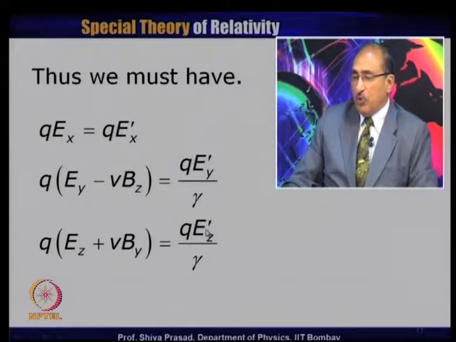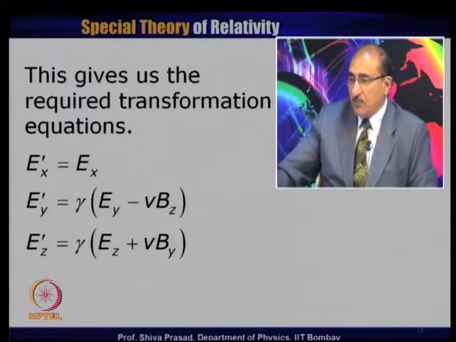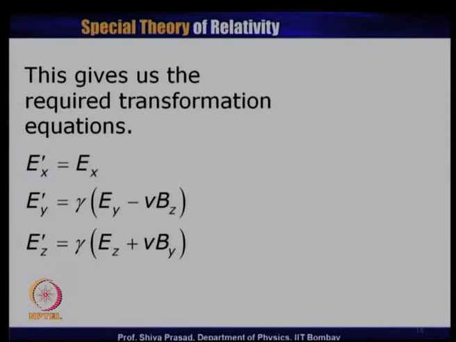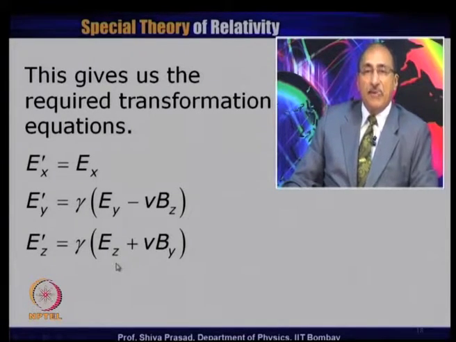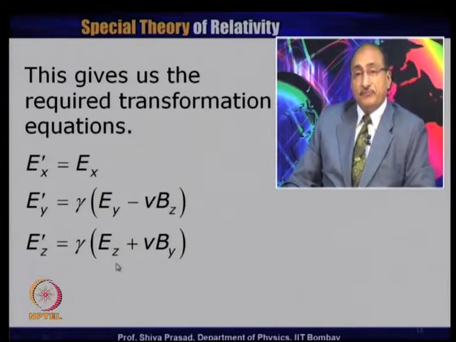Similarly, in this equation, Q will cancel, I can take the gamma to this side, so Ez prime will be equal to gamma times Ez plus VBy. So, these are precisely the equations that I have written in the next transparency: Ex prime is equal to Ex, Ey prime is equal to gamma times Ey minus VBz, and Ez prime is equal to gamma times Ez plus VBy, I am sorry.